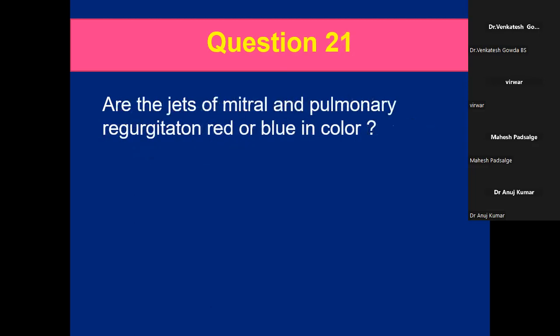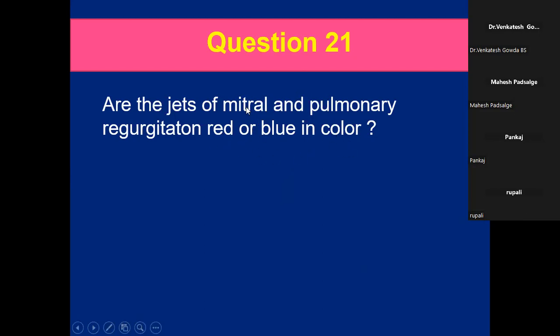Next question: are the jets of mitral and pulmonary regurgitation red or blue in color? Listen to this question very carefully. Anybody can first cancel your hands and then raise your hands. I'll give this question to Dr. Anuj. Anuj, are the jets of mitral and pulmonary regurgitation red or blue?